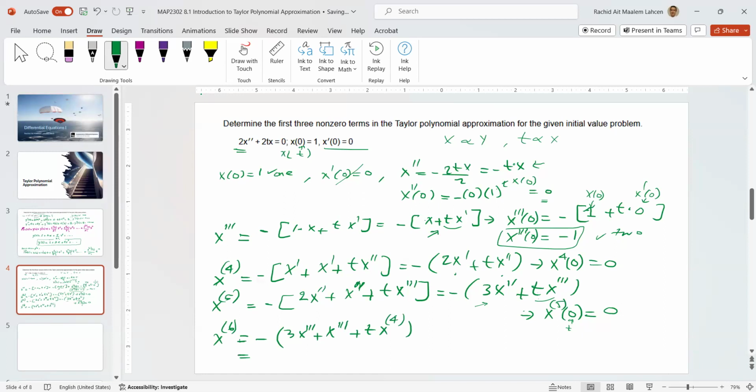Let's combine: 4 times the third derivative plus t times the fourth derivative.